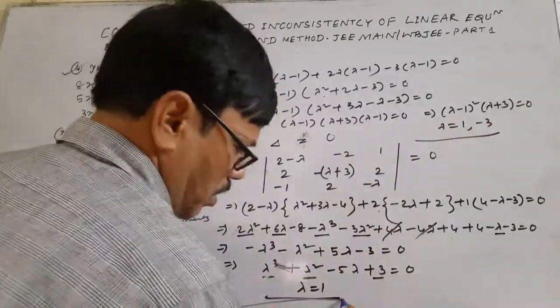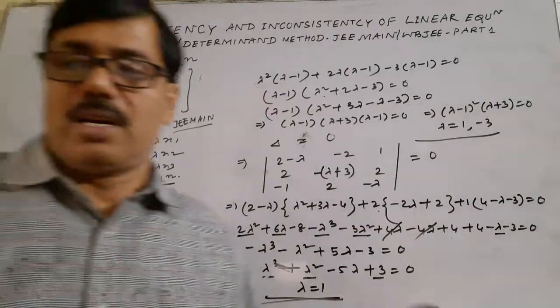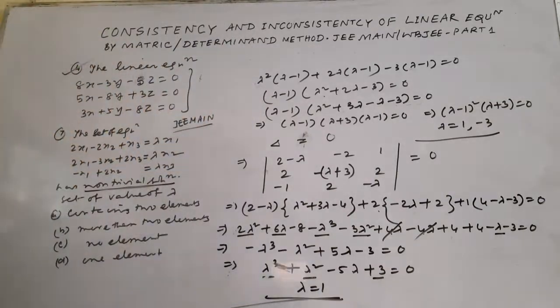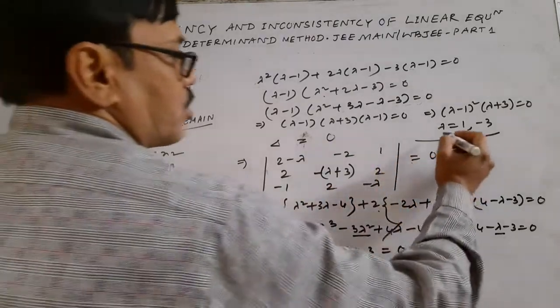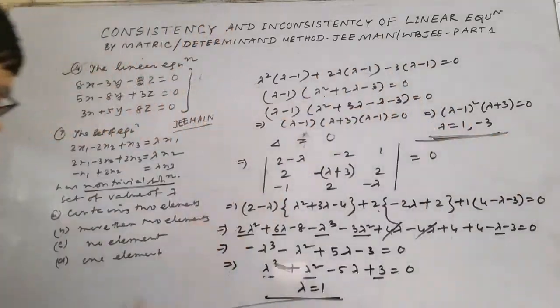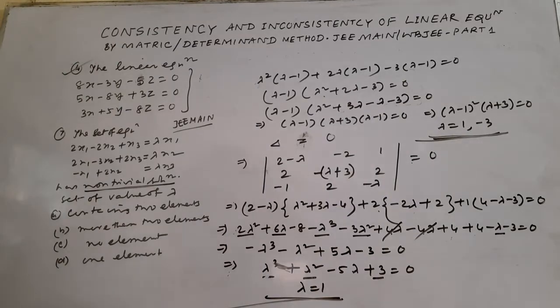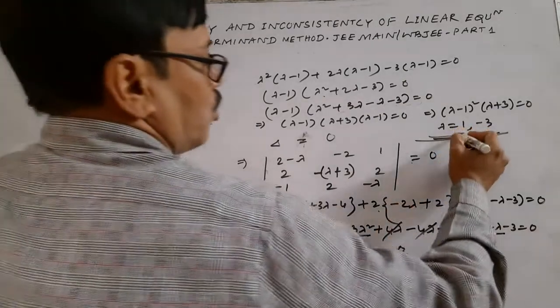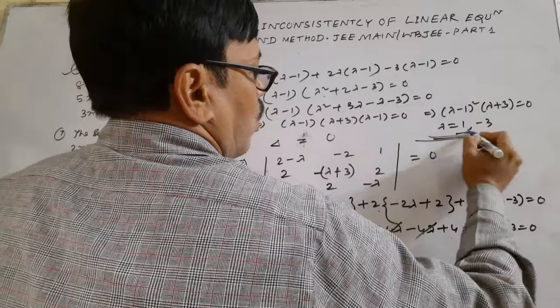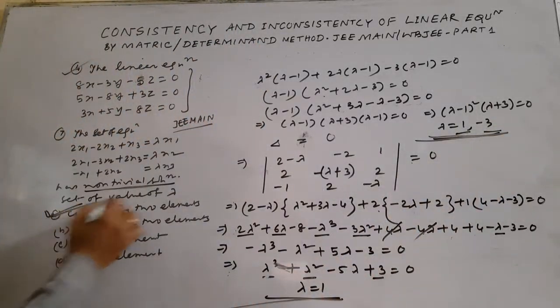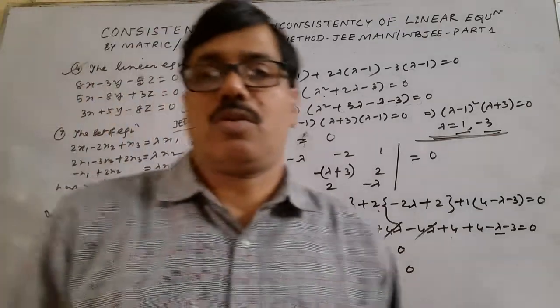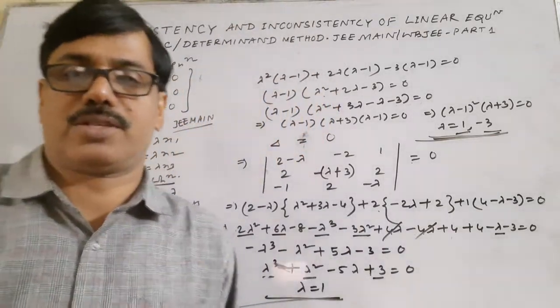So very simple problem, but lengthy calculation. So has non-trivial solution, so determinant equals to 0. We are getting how many values of lambda? That is 2 values. One is 1 and one is minus 3. So containing 2 elements.